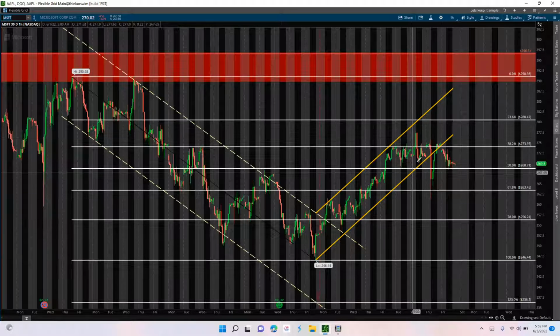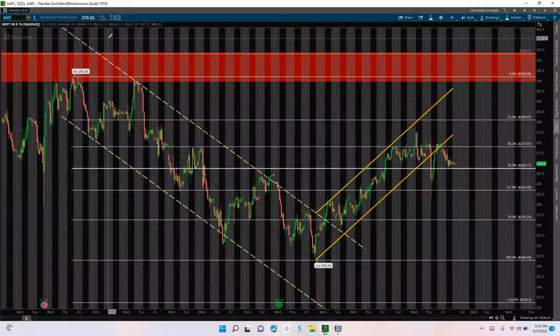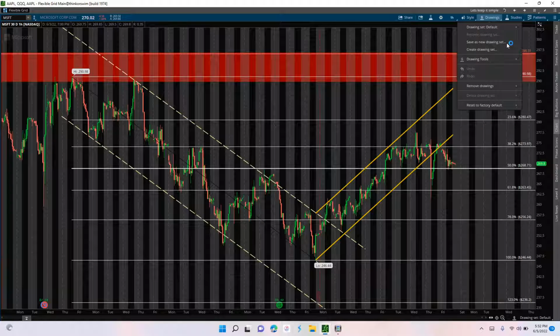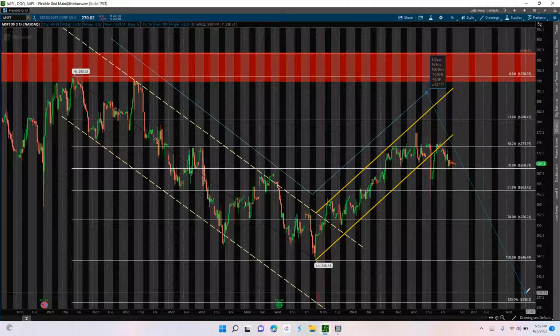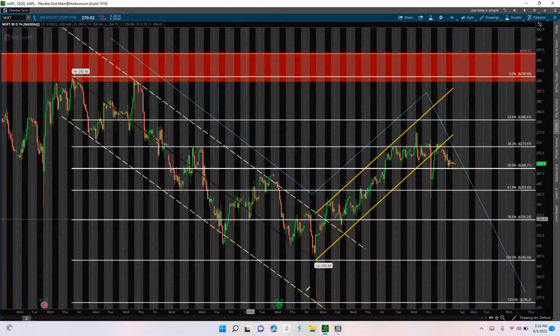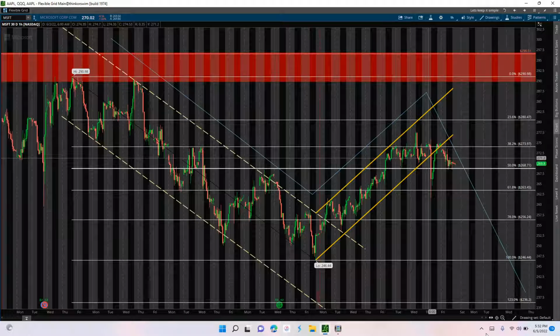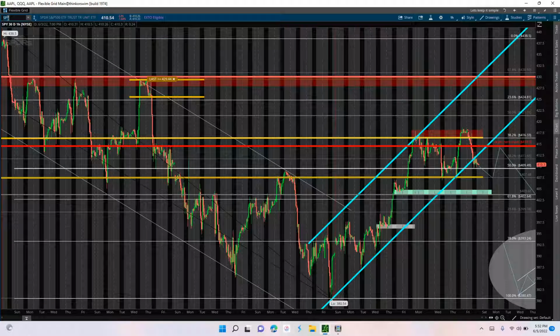And for the simple reason that this is exactly how it should play out. This is how this usually plays out. Go down, up, down. Just like I showed you here.